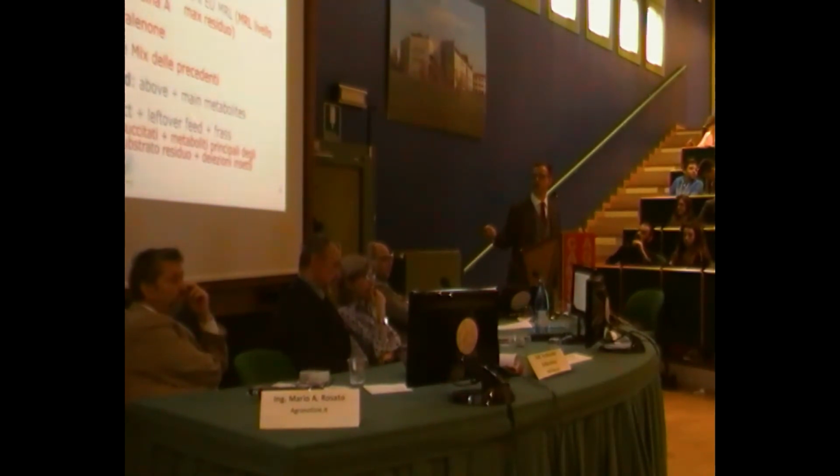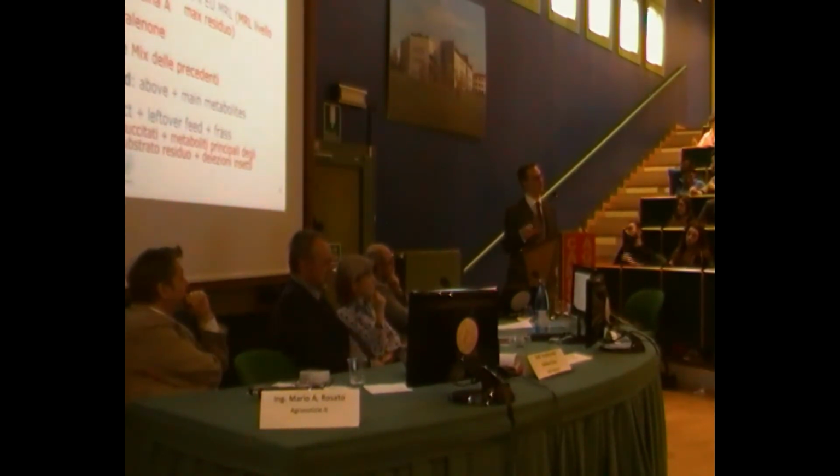And we had the insect, leftover feed, frass, etc. We used them at 1, 10, and 25 times the maximum residue levels. So if it's at this level, it's still allowed. If it's at this level, not really. And if it's at this level, not at all. These are the levels that we used to feed them, because if you feed them with something like this and they don't accumulate it, then apparently you can feed them with something that is not fit for other animals.